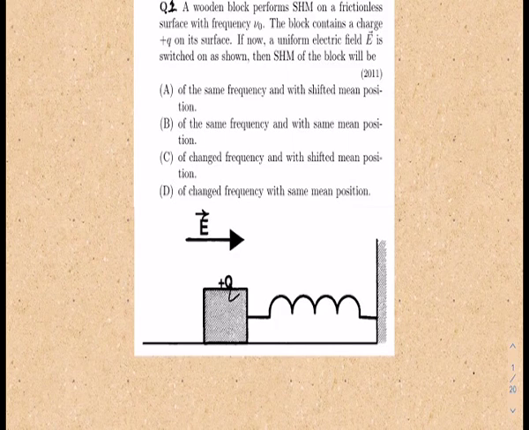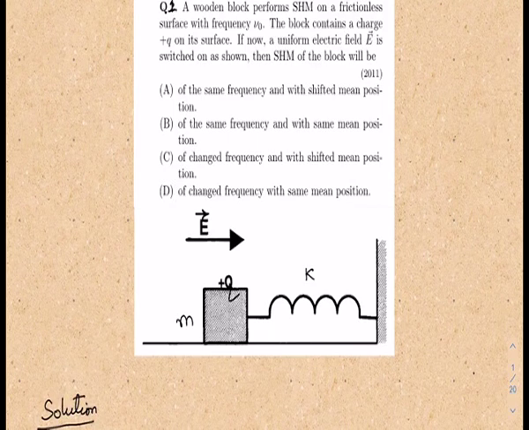So let us solve this problem, and to solve this problem let me assume that the block has mass say m and the spring constant of the spring is say k.